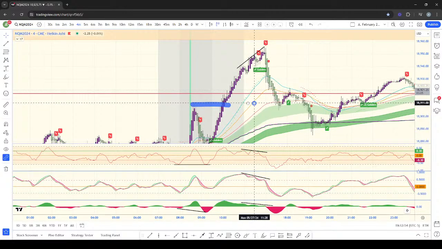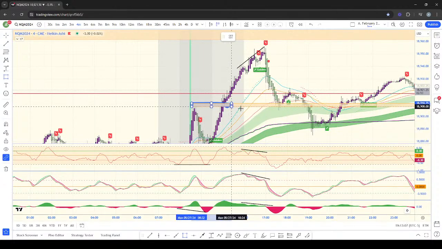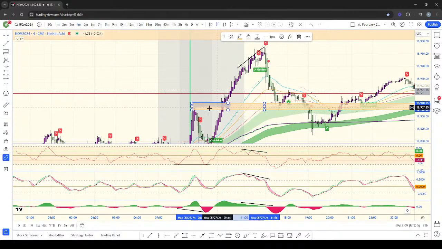And right in here you could have followed along with an exit. Let me just draw a better zone right in here, and you could have taken an exit right here based off of this peak, which would have been great.